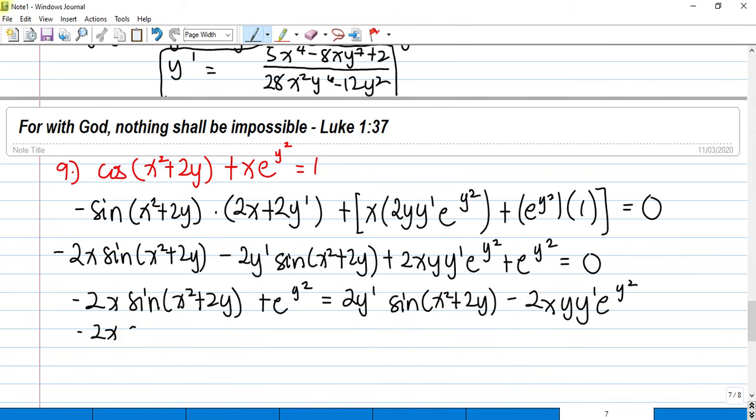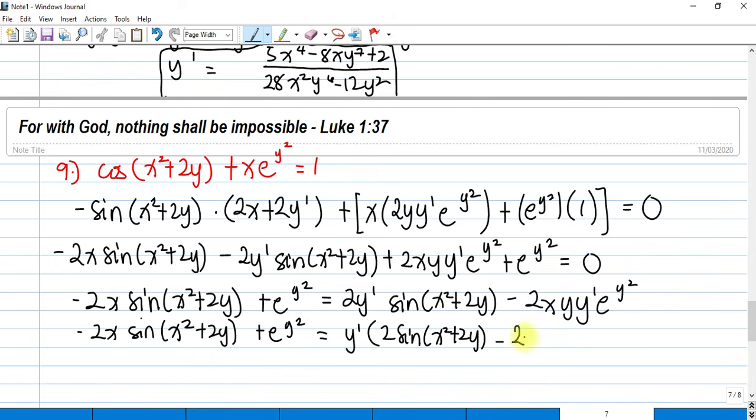So what I'm going to do is, again, factor out y prime, because it's common to these. So we have y prime times 2 sine of x squared plus 2y minus 2xy e raised to y squared.